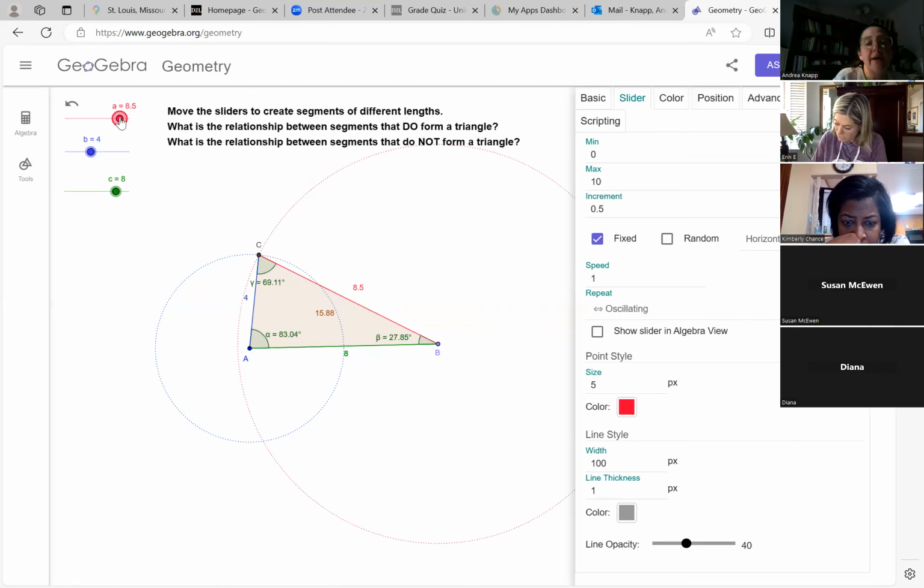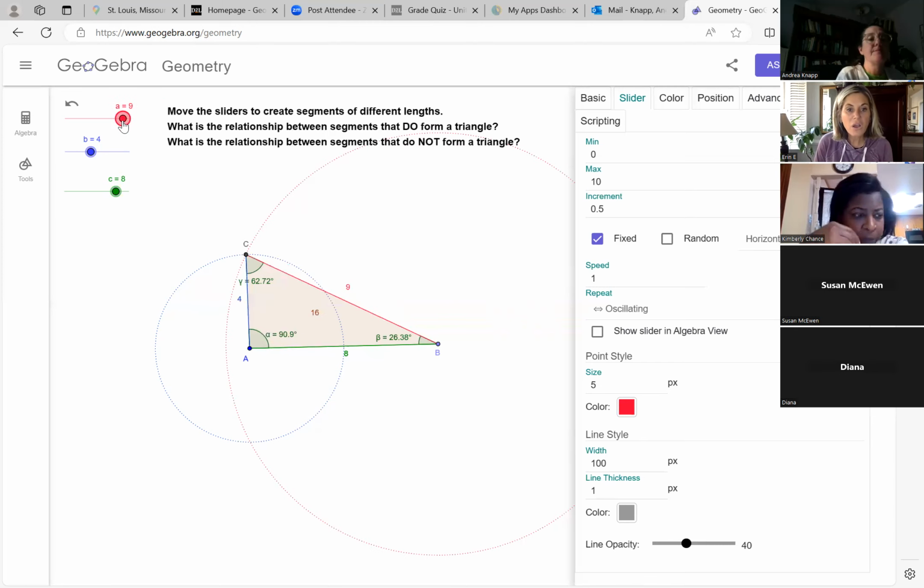It works if I drag it before 9 and after 9. So yeah, that works. And then J.